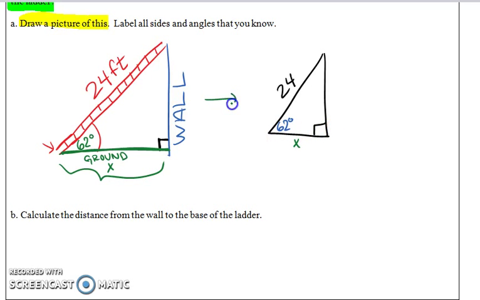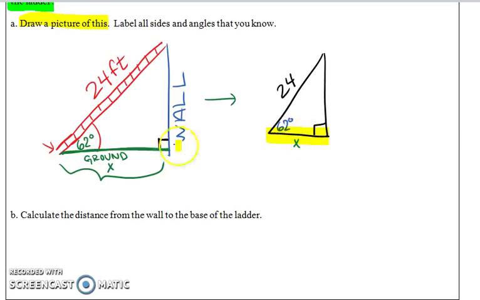So this is the simplified triangular version of our word problem, but they want us to calculate this distance. So again, now we're just finding a missing side length, just like we were in part 2.